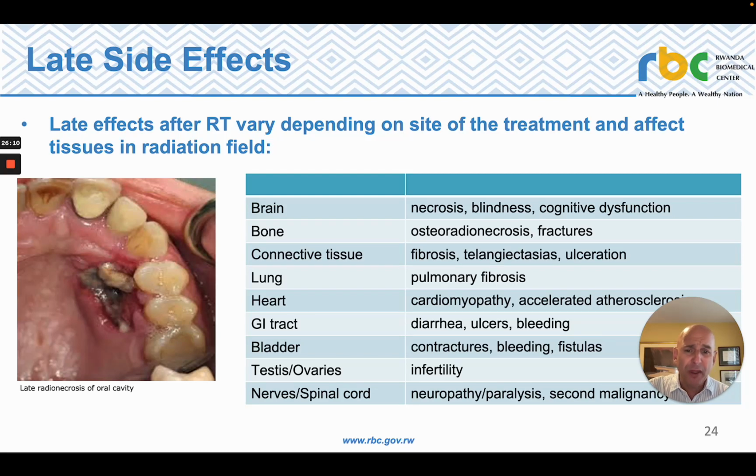In addition, one thing that we can see is second cancers being induced by radiation. I don't want to overplay the likelihood of developing really serious late effects. They can occur, but we always weigh that into the equation.